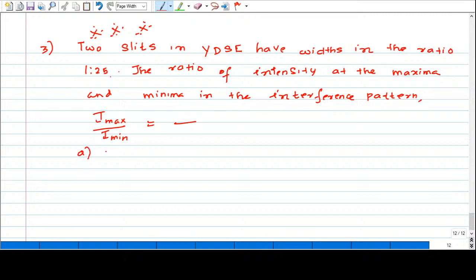Option A is 49 by 121, B is 4 by 9, C is 9 by 4, D is 121 by 49.